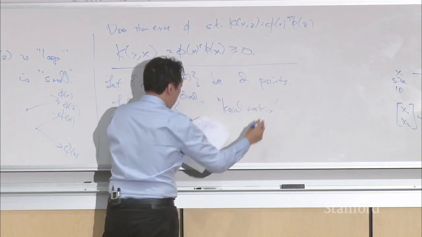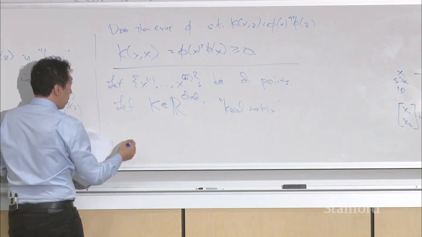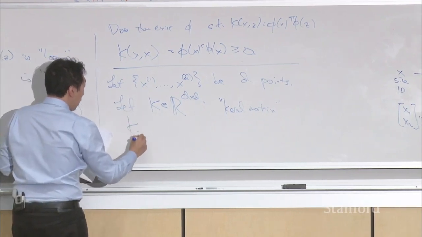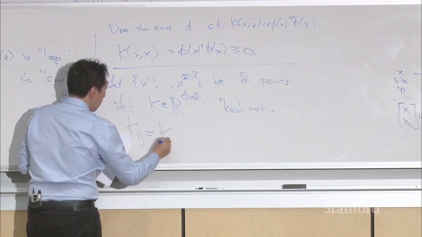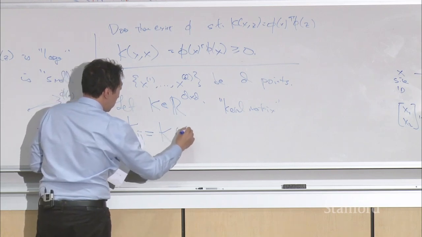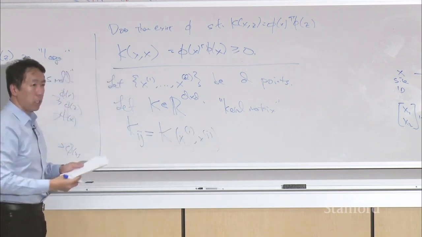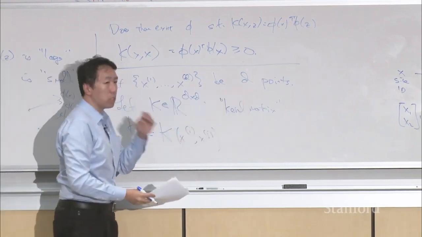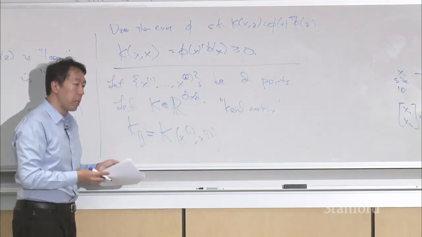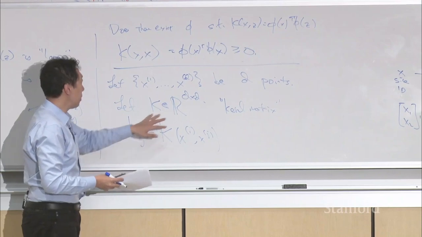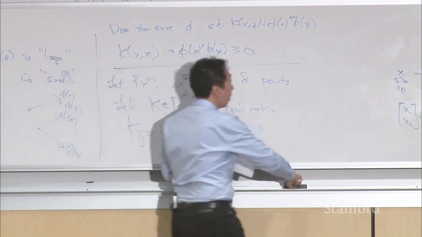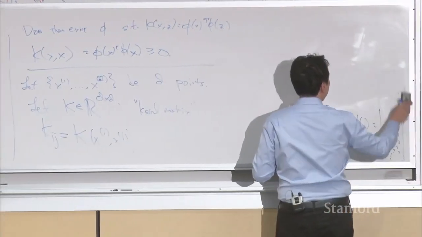Sometimes it's also called the Gram matrix, but it's called the kernel matrix. So that k_ij is equal to the kernel function applied to two of those points, xi and xj. So you have d points, so just apply the kernel function to every pair of those points and put them in a big d by d matrix like that.